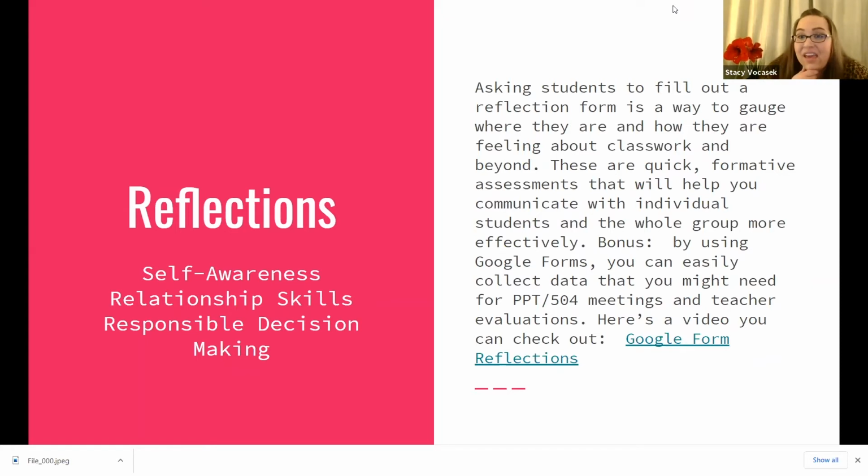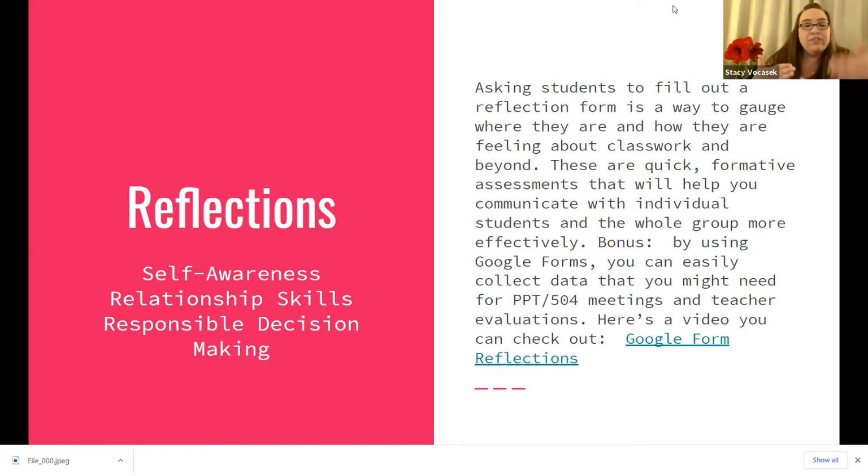So the next thing that a lot of us probably do already are reflections. These quick formative assessments kind of help us get a pulse on what's going on, either with activities or with kids themselves. And the way that I've been doing it recently has been with the Google form.